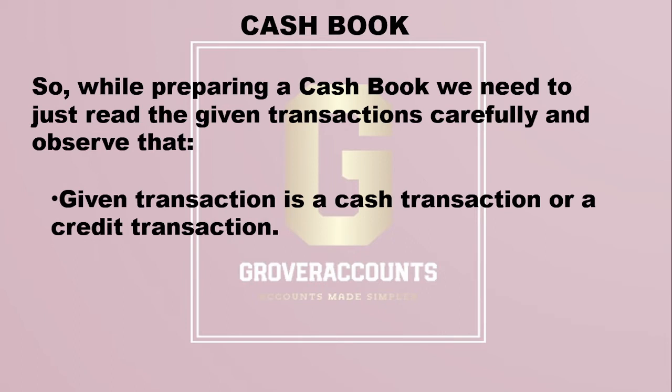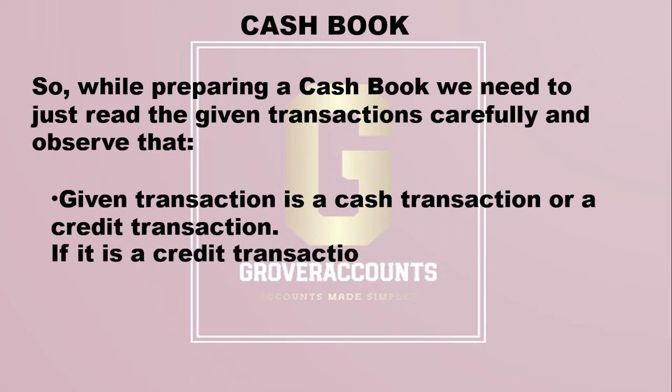That means either we are giving or receiving cash at the time we are performing that transaction, or we are not giving or receiving cash at the time when we are performing the transaction. However, the cash will be paid or received later. The transactions in which cash will be received or paid later are known as credit transactions, right? And the transactions in which cash is paid or received at the time when it actually occurs are the cash transactions. Very simple, we all know that.